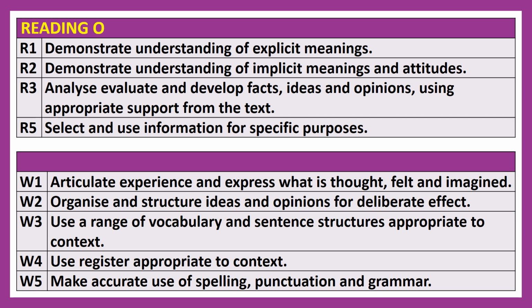Reading standards: understand explicit meanings, interpret implicit meanings, critically evaluate and develop ideas supported by the text, use relevant information for specific purposes. Writing standards: clearly express thoughts, feelings, and imaginings, organize ideas and opinions effectively, employ appropriate vocabulary and sentence structures, adapt language register to the context, maintain accurate spelling, punctuation, and grammar.